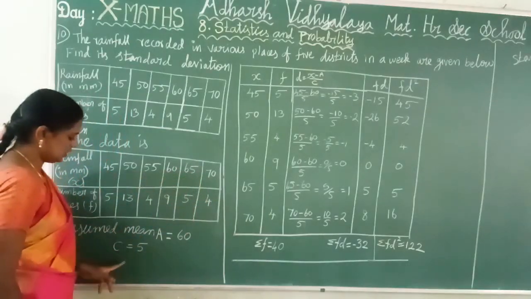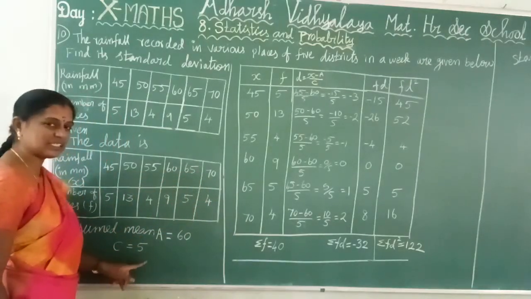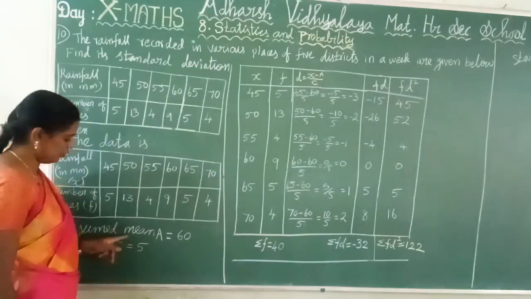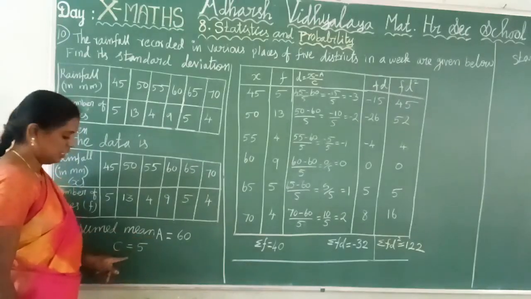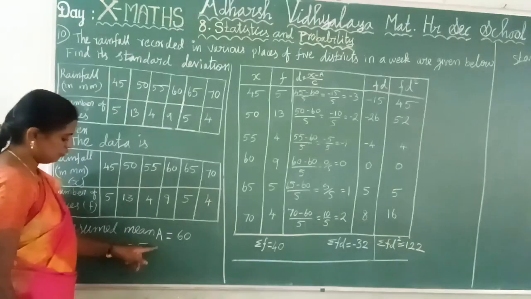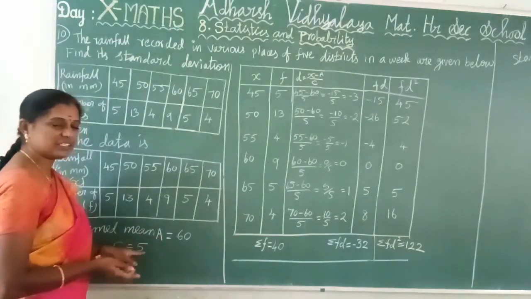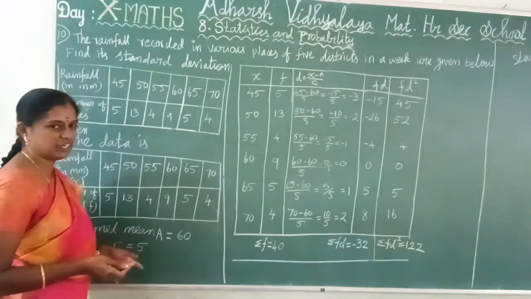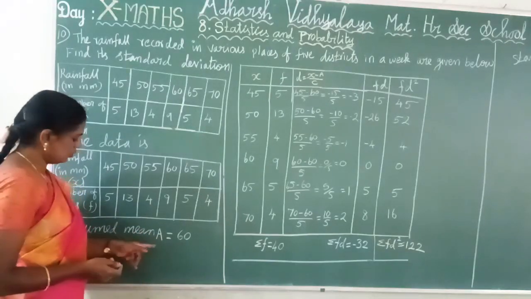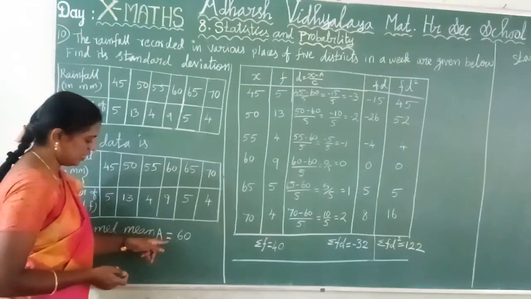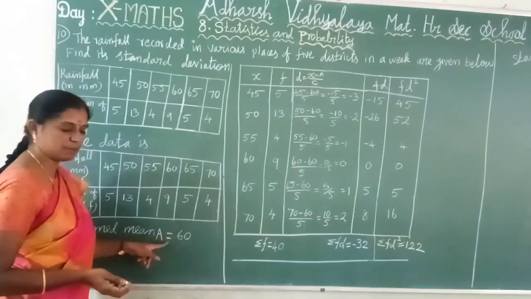So all the intervals are the same, so the common factor is 5. Selecting A and C is our choice only. If you take C, we get small numbers; otherwise with big numbers the calculation is very difficult. So these two are our choice only. A we choose, otherwise x bar.